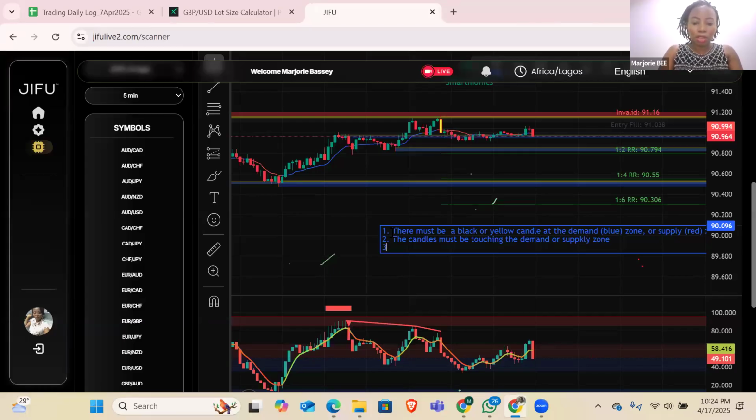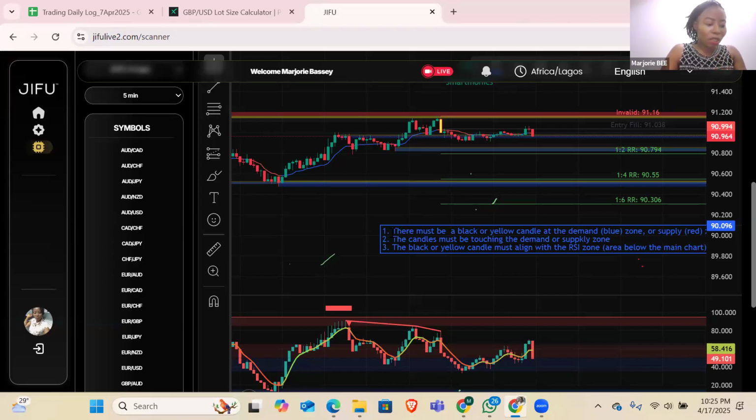That's the second confirmation. Now, the third confirmation is that the black or yellow candle must align with the RSI zone area below the main chart.